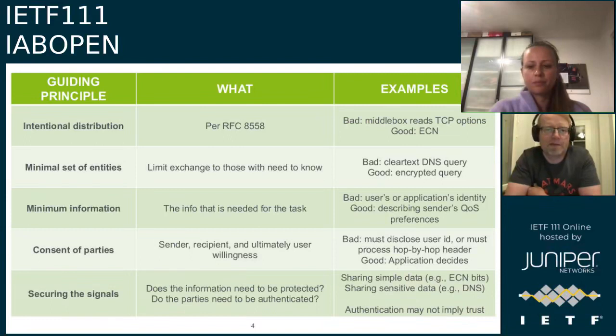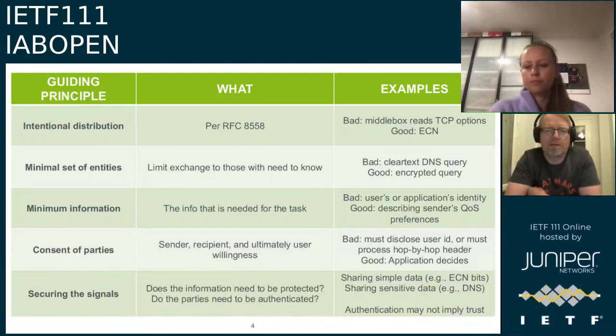The other principles relate to minimality. So first, a minimal set of entities. So limit the exchange to those with a need to know. And so one example here is that if you have clear text DNS queries, it's possible that parties on the path will read them and perhaps act on them in some inappropriate ways, or things that make some things not work, for instance.